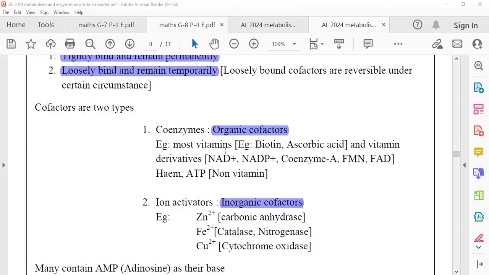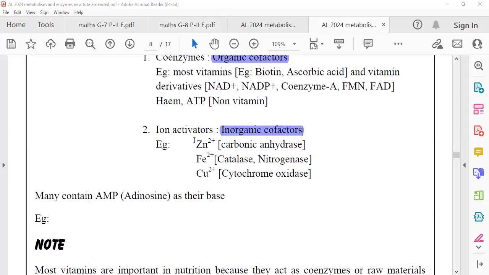Fine. Ion activators: the syllabus book says 3 ion activators as examples. What are the 3 ion activators? Zn2 plus, Fe2 plus, and Cu2 plus.